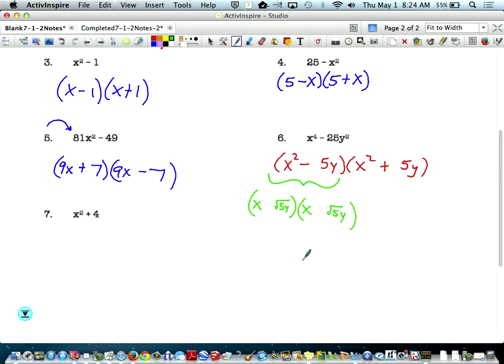Because the square root of 5y times the square root of 5y, that's something to the 1/2 and something to the 1/2, right? When you multiply, you add their exponents. So what's 5y to the 1/2 power times 5y to the 1/2 power? It's 5y, add the exponents. 5y to the first. So when you take the square root times the square root, you get right back to what you need.